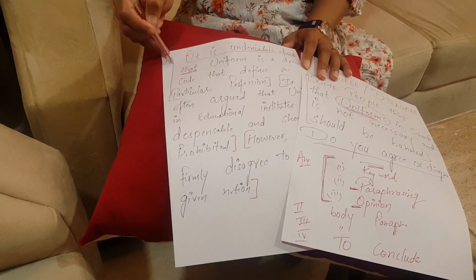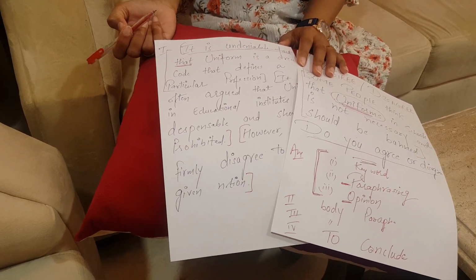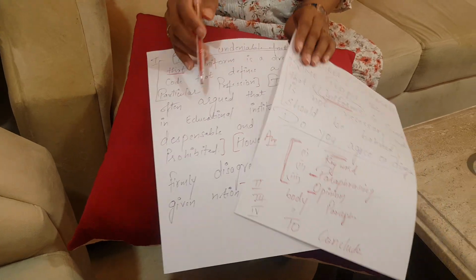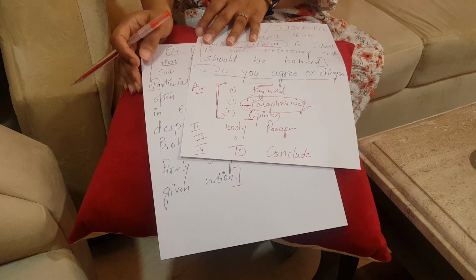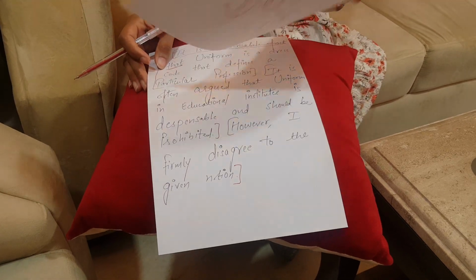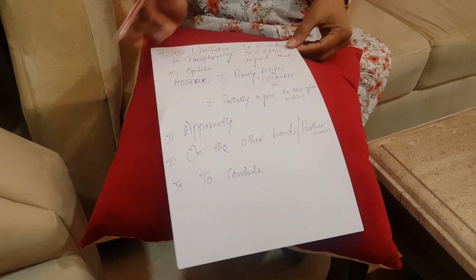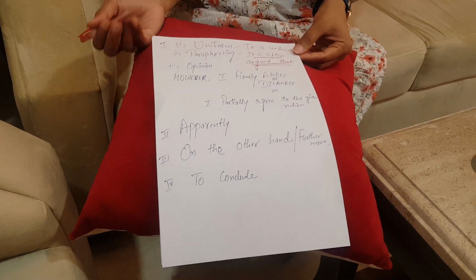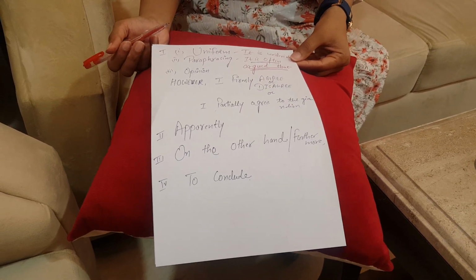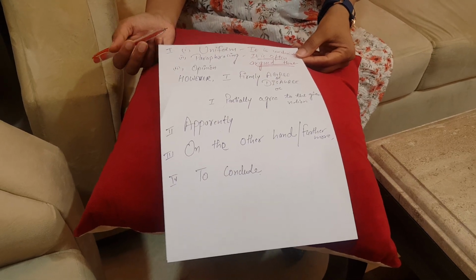This becomes your keyword. Afterwards, you need to do the paraphrasing. And for paraphrasing, I have given the words. It is often argued that. Similarly, is it positive or negative development? This is exactly the same.